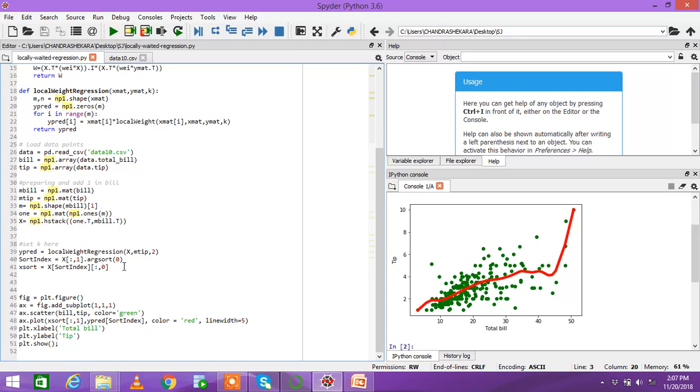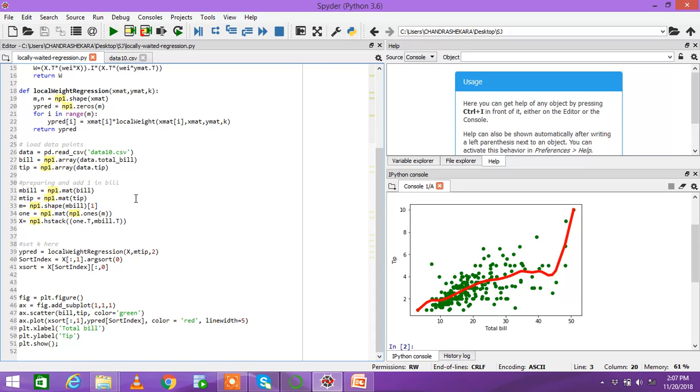Here we are loading the data, which is data10.csv, and after loading the data, we have the bill and the tip, which are stored in bill and tip, using np.array of data.bill and np.array of data.tip. So the bill and the tip will be stored with respect to the x and y axis.